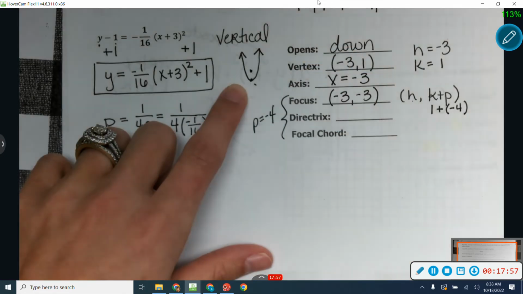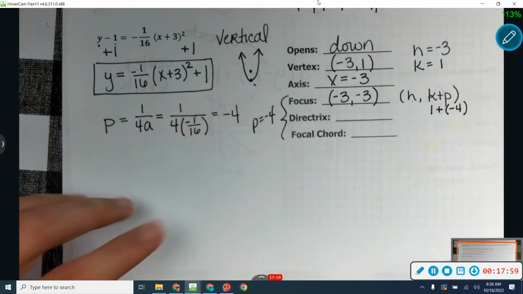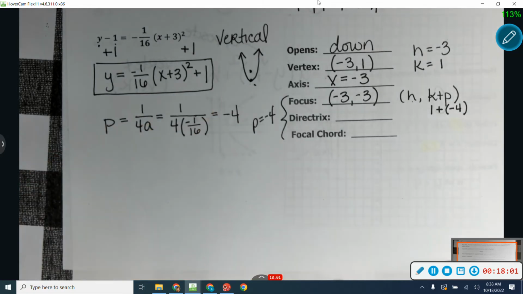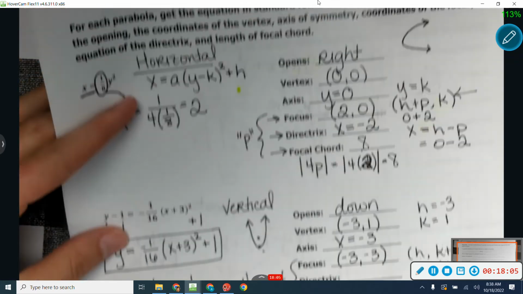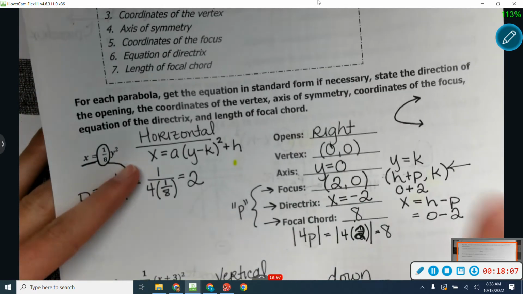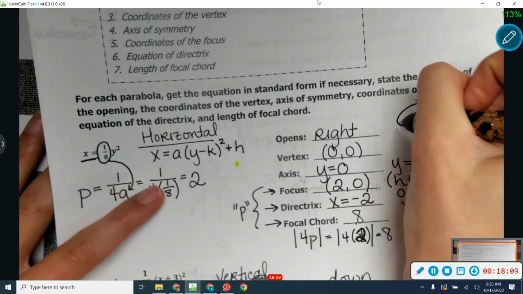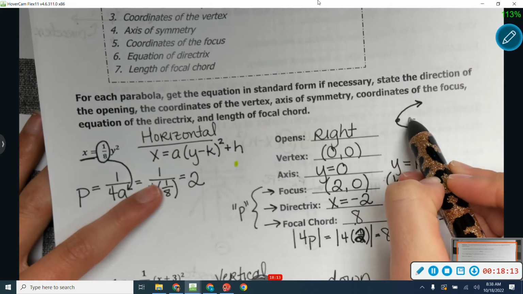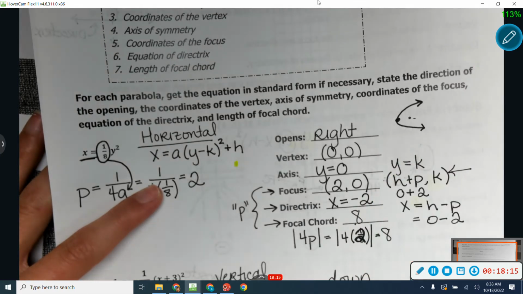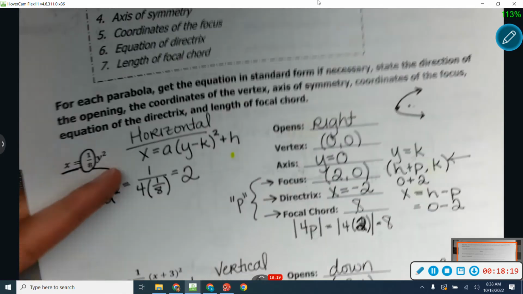So that's why you're only changing the y value of your vertex. I have to draw it, I have to visualize it. Like with horizontal, if I know my vertex is here and I know my focus is inside the parabola, I know I need to move right. So you would change your x value instead of going up and changing your y value. Okay.